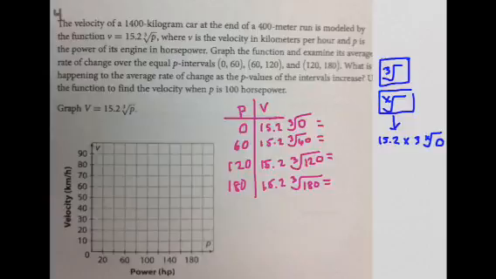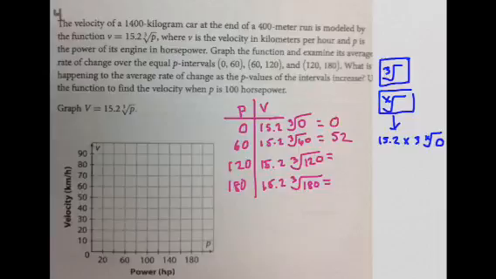So for the first one, again, it's easy because 0 times anything is 0, so that one is going to be 0 right here. For the next one, we get 51.98, so I'll just put 52. Take it back.